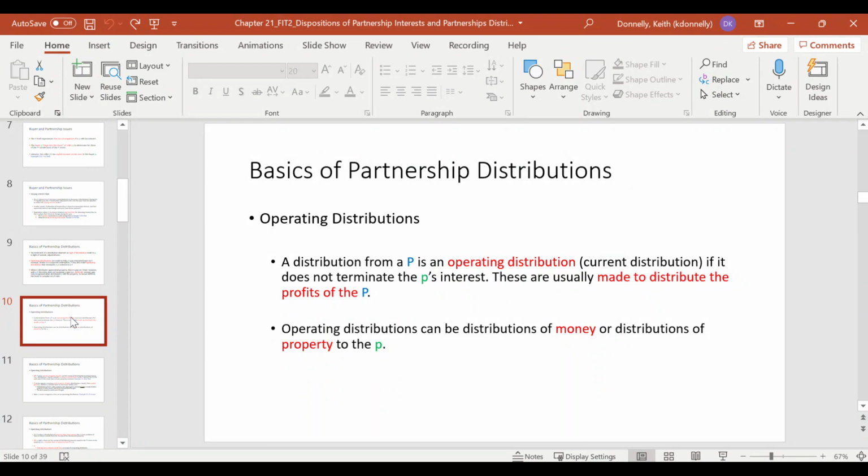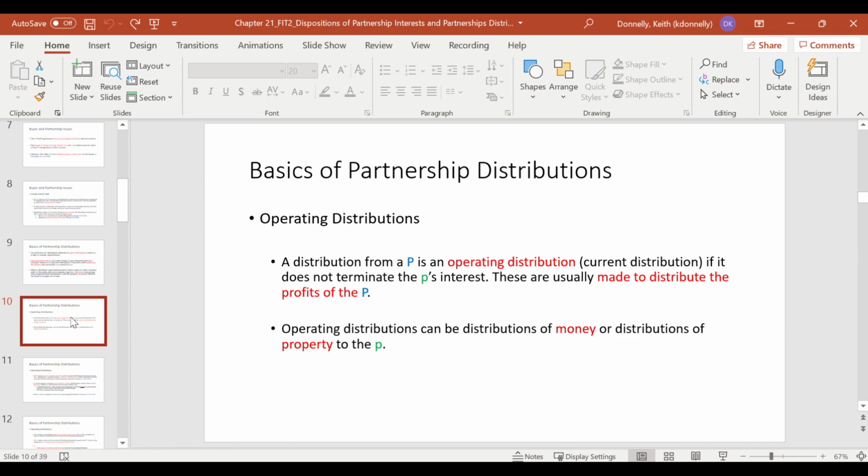So with regard to operating distributions, this is basically a current distribution during the normal operating course of business. It's not going to terminate the partner's interest. Usually we do these just to distribute the profits of the partnership. It helps partners pay their estimated taxes from the partnership. And what they can be is basically money or property.